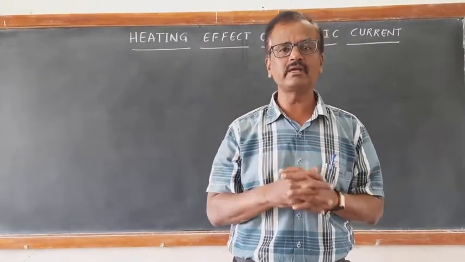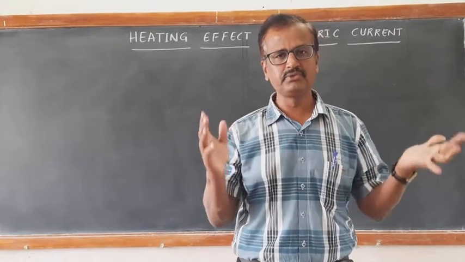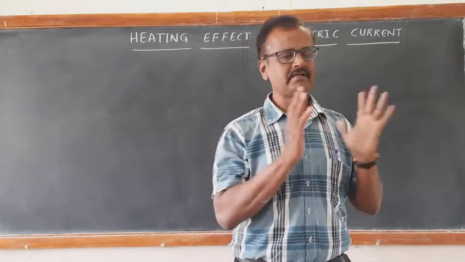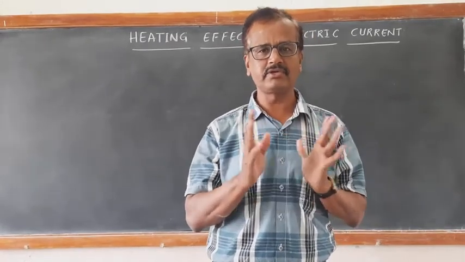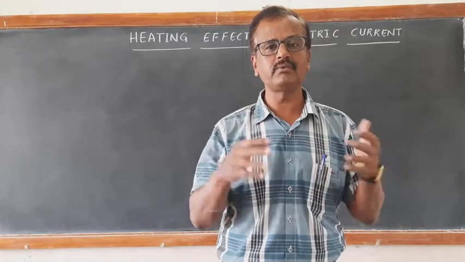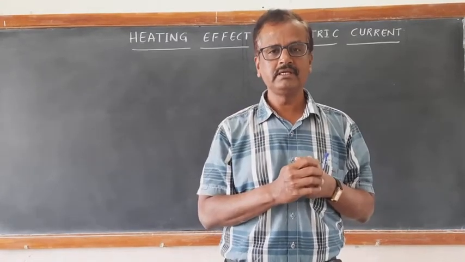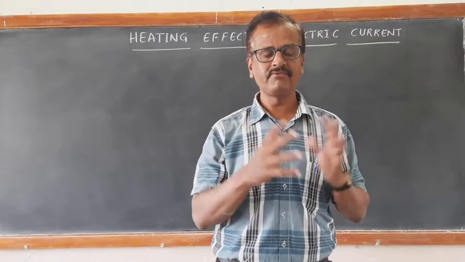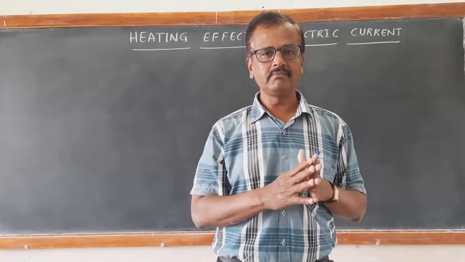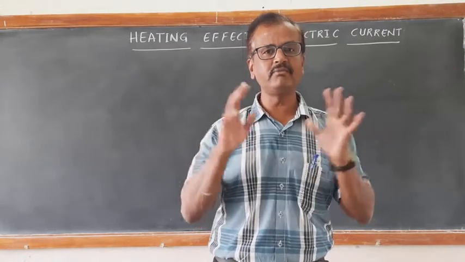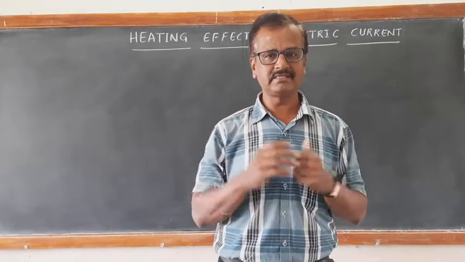That useful work is being done. But if you use the same fan circuit continuously for a long duration, for example a table fan, for 1 hour, 2 hours, 3 hours, not only are you getting the breeze, but when you touch the surface of the fan on the other side, you will find it is hot. How is this?